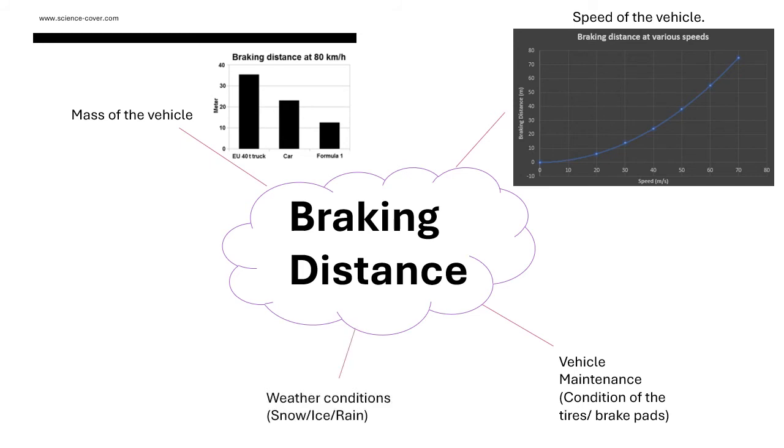The weather conditions, such as whether it's snow, ice, or rain on the road, can also affect the braking distance. And the surface of the road itself, whether it's tarmac or loose stone, sand or mud, will also affect the braking distance.